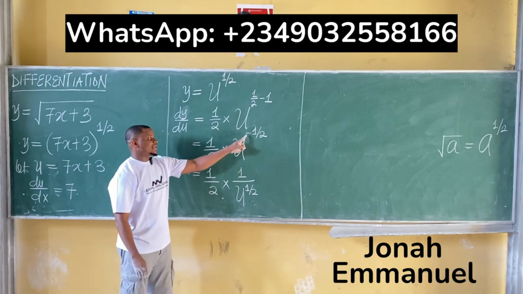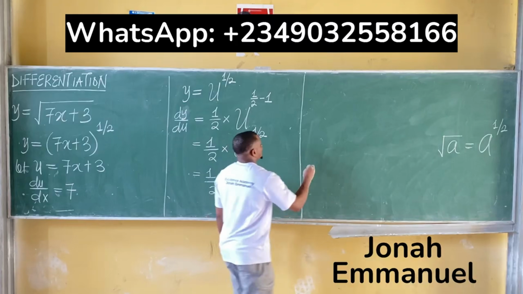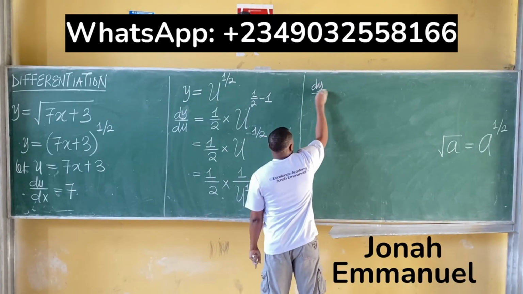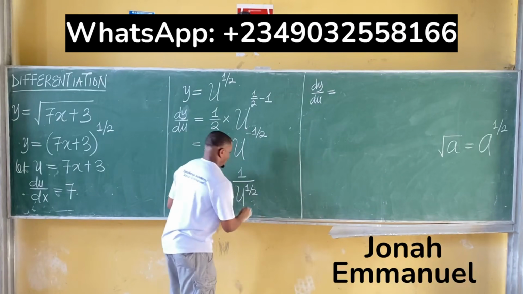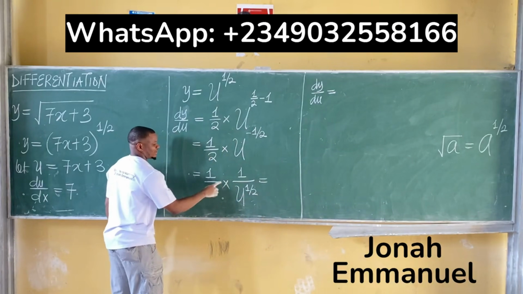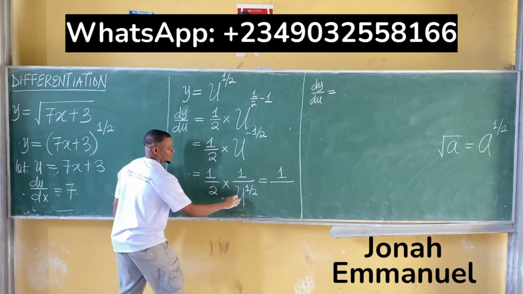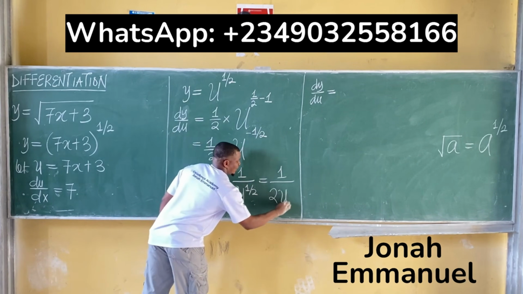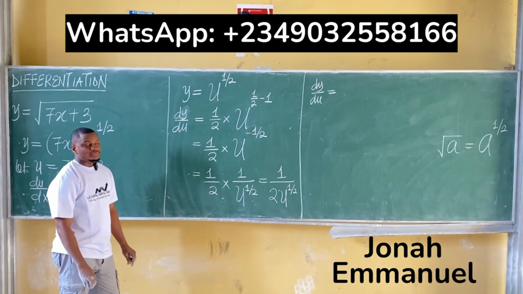In indices, for you to take off the negative, just take the inverse. That means dy du is equal to 1 times 1, 1 all over 2 times u to the power 1 over 2.